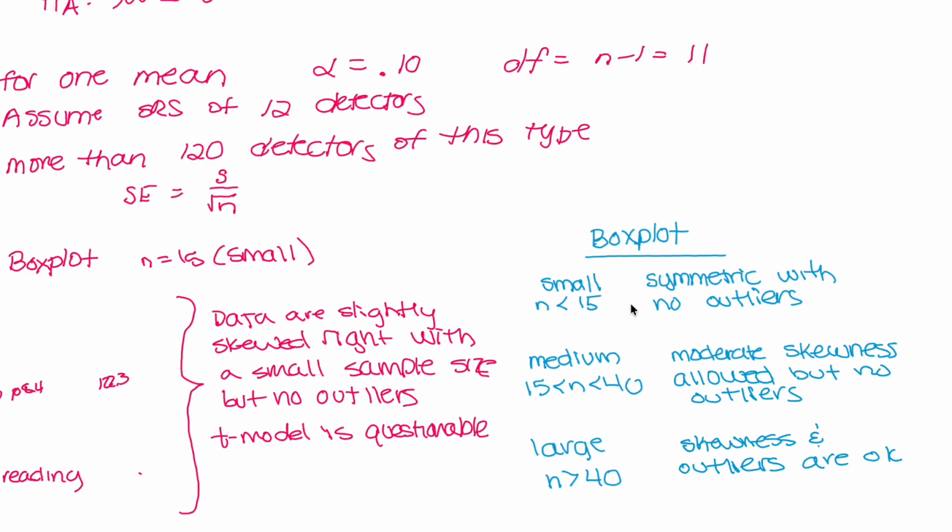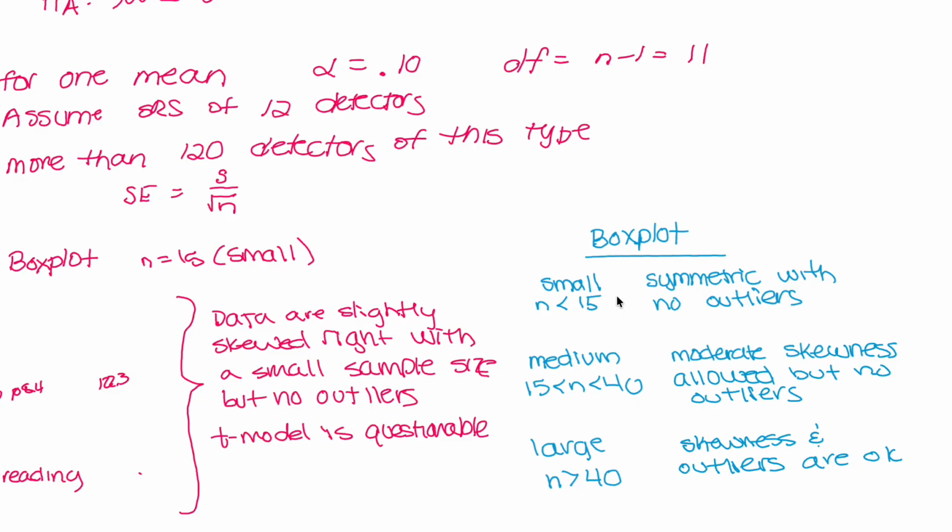We're using an appropriate t-model right here, because even though the sample size is less than 15, which we consider small, the data that we entered into our calculator and created the box plot from is symmetric with no outliers, so there's some evidence that using a t-model for this scenario is appropriate.